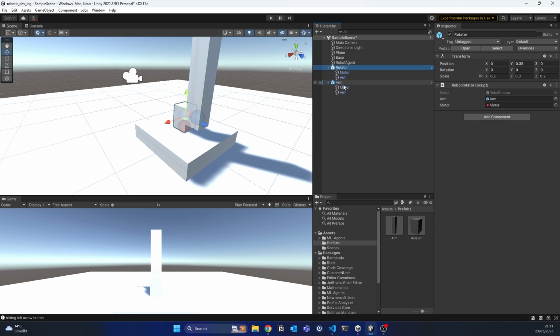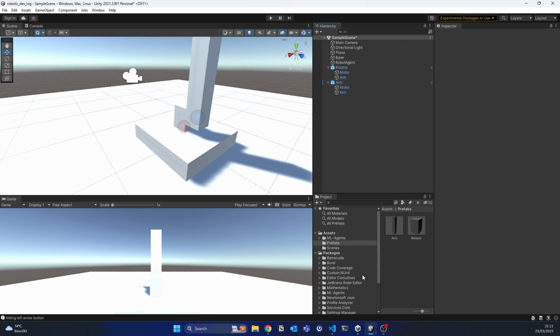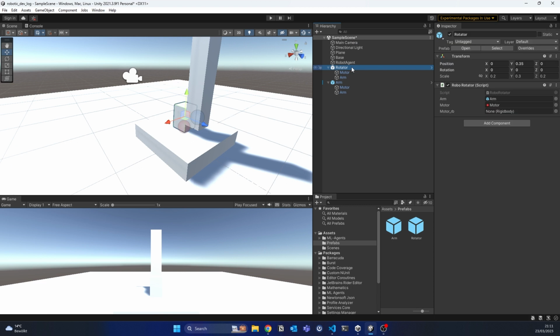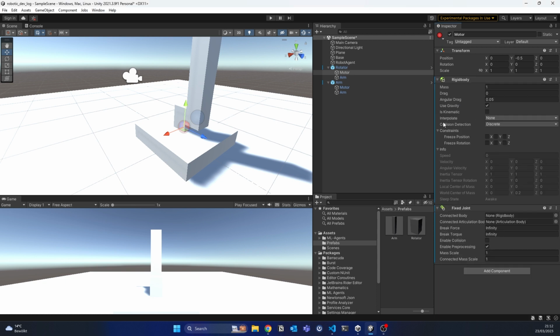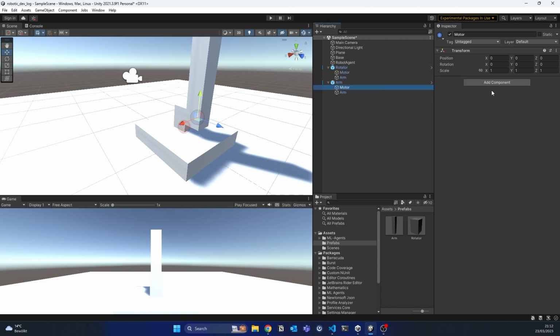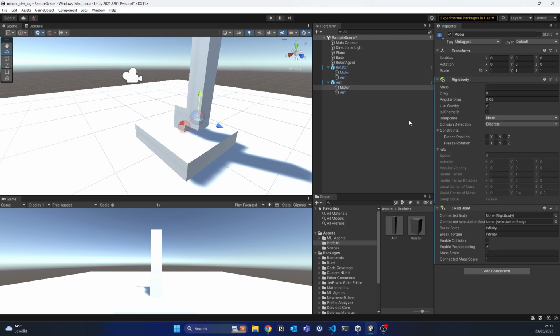So let's pretend we are doing that. Let's say we have our rotator and our arm. And then what we're gonna do is here we will have a character joint, rigid body or something, fixed joint. But where do we apply it? So motor, also fixed joint here, I suppose.